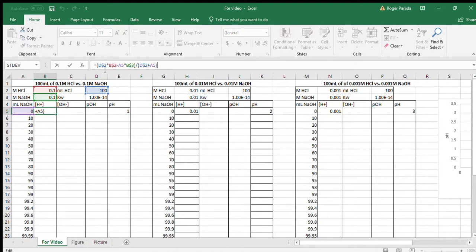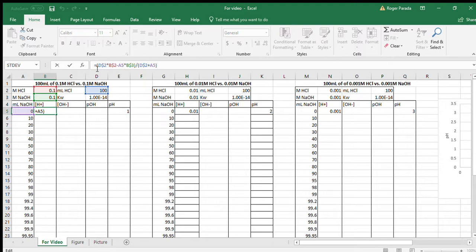So that's volume of acid times concentration of acid minus the volume of base times the concentration of base, and in this case it's 0, and then all divided by the 100 milliliters of acid plus the milliliters of base. You can see we have dollar signs here on some of these, and so what that indicates is absolute reference.